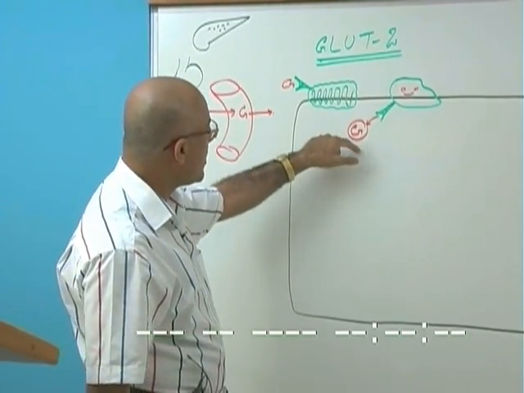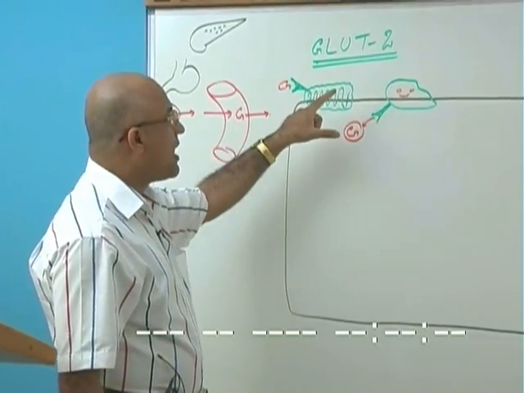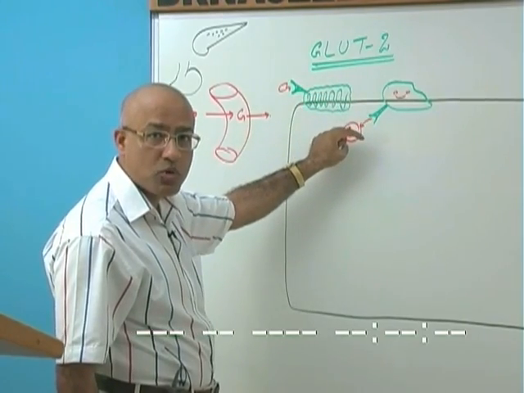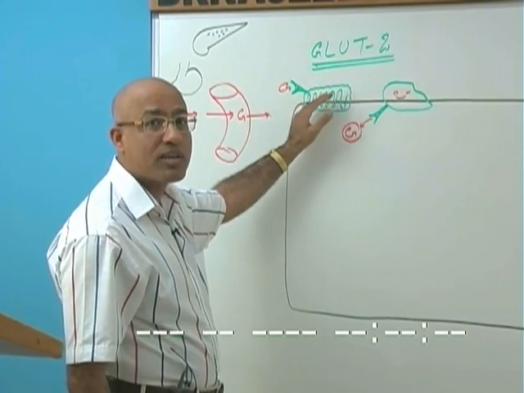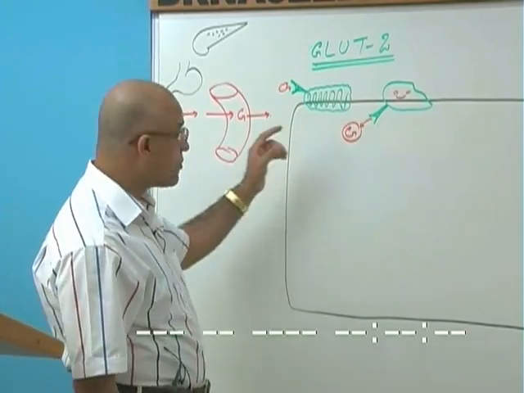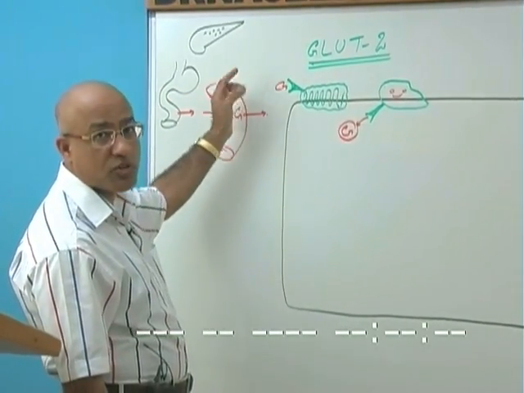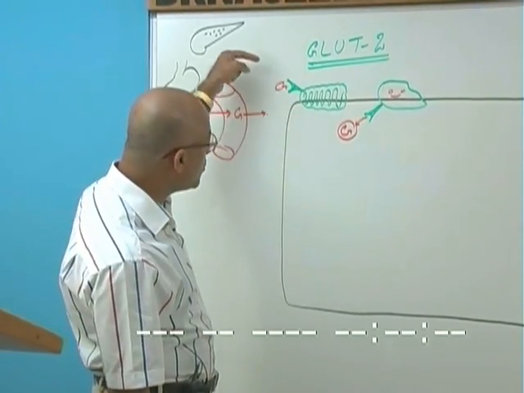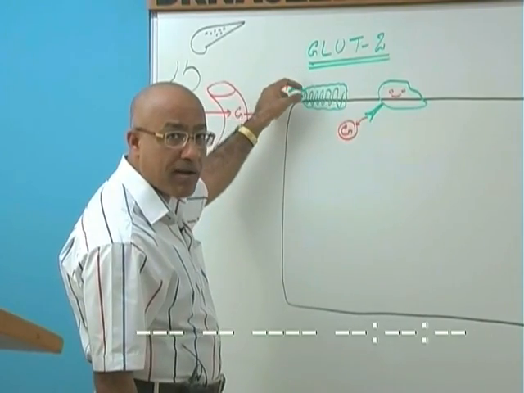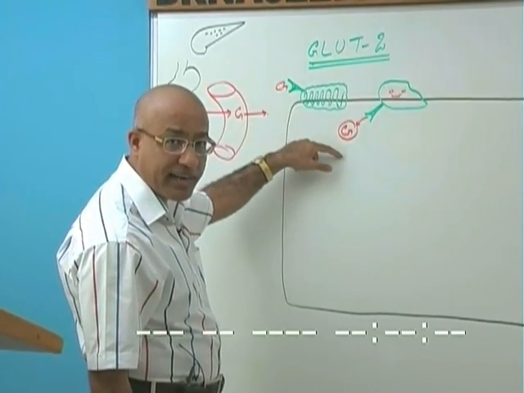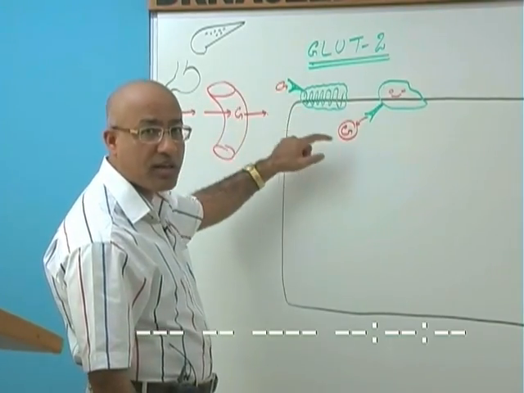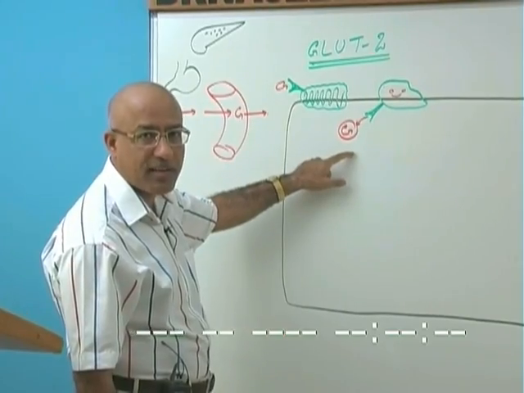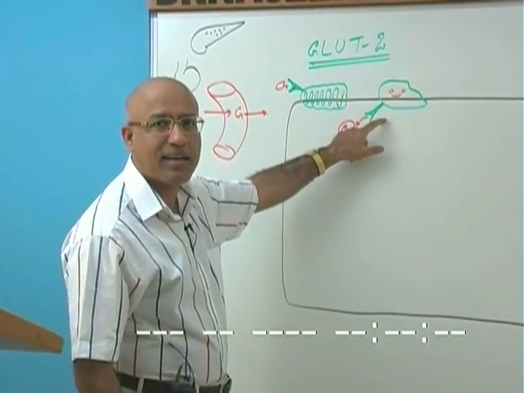Now, this GLUT-2 helps the glucose to move along its concentration gradient. After taking the food, glucose concentration is more outside the cell and less inside the cell, so it will go down the concentration gradient from outside to inside, and this diffusion of glucose from high concentration to low concentration is facilitated by the GLUT-2 transporter.